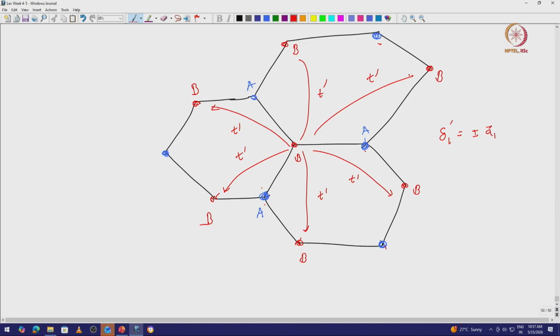plus A1, A2. So there are 6 of them. So let's just denote them as second nearest neighbor.